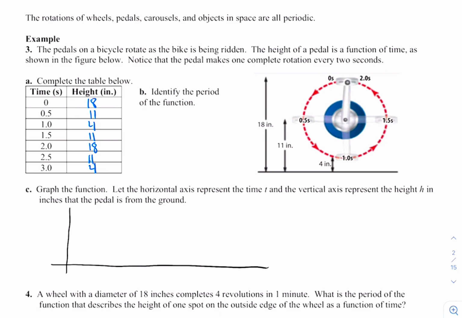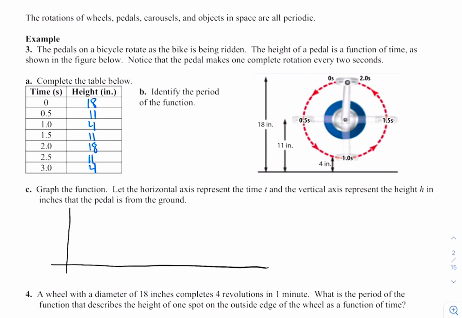If I'm trying to identify the period of the function, that would be the length of one cycle. Because we are dealing with a rotating object, that length of the period is how long it takes us to complete one revolution. Going around 1 time takes me 2 seconds.